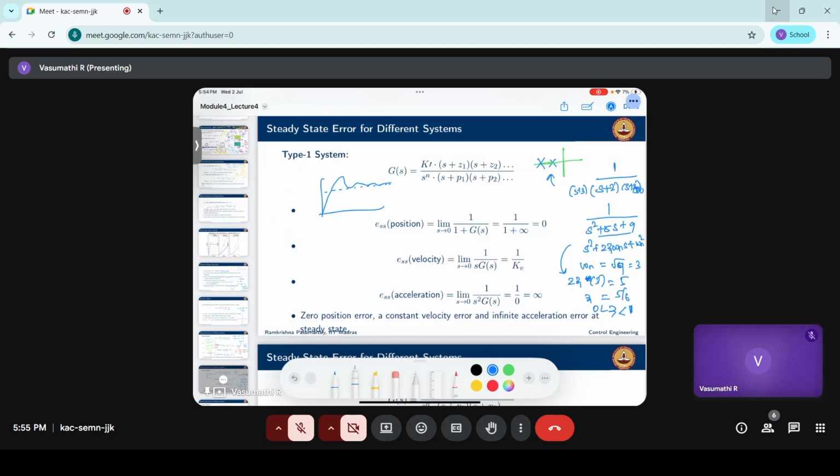In what ways? Adding a pole to the left, or further left of the existing system, or nearby the origin, may push or pull the behavior of the system, or make the system go near instability. So these are all the factors that you consider when adding a pole and zero to the system.